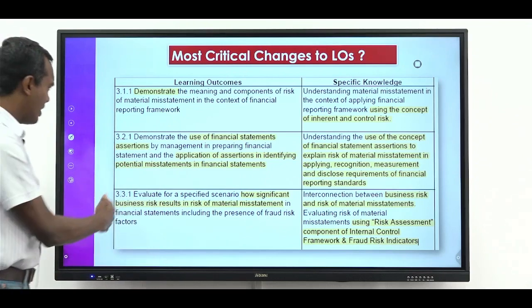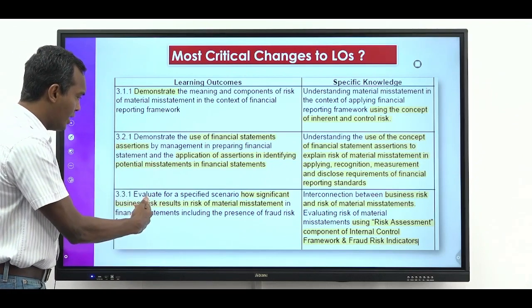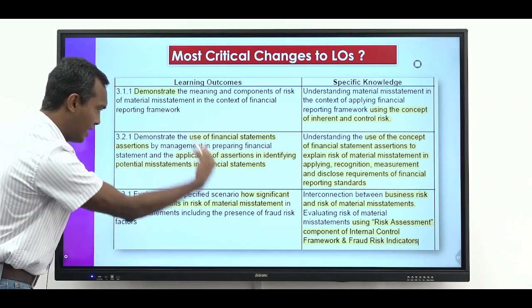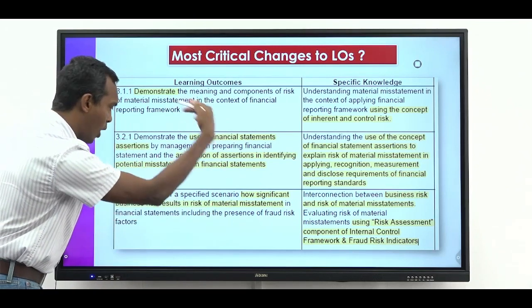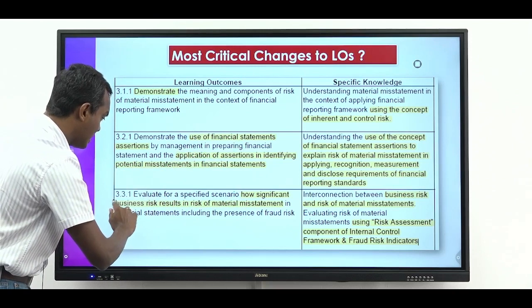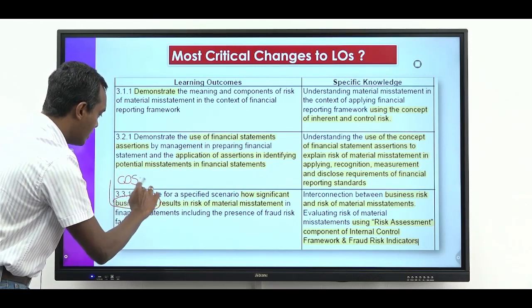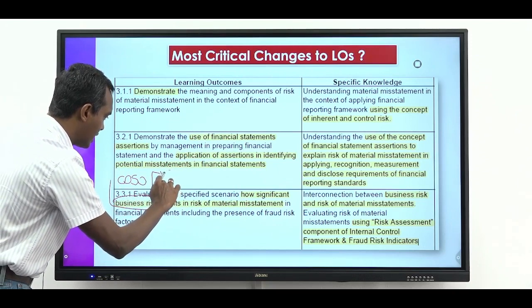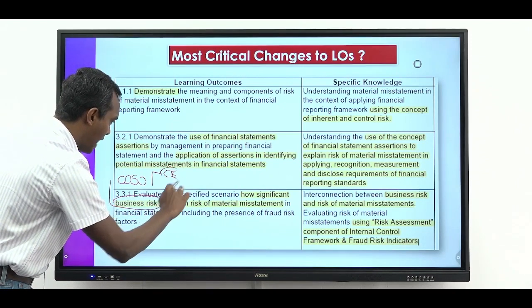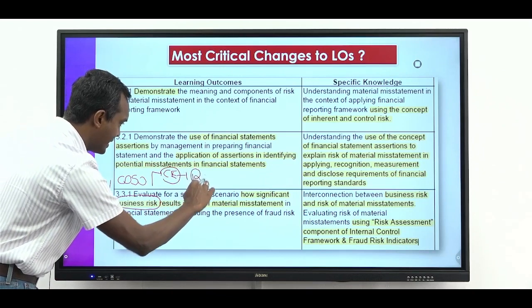We can straight away read, is it 3.3.1, where you evaluate in a given case study scenario how significant the business risk is. That's why I said the COSO framework, right? The COSO framework begins with the control environment having good governance. The next step is to do a risk assessment.